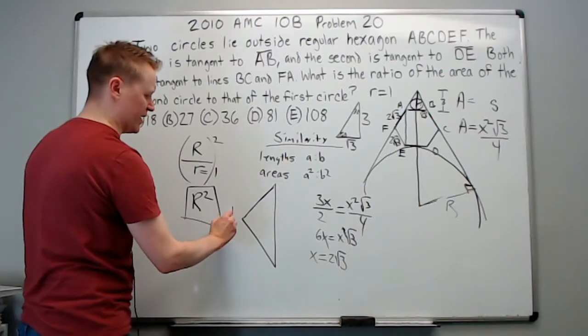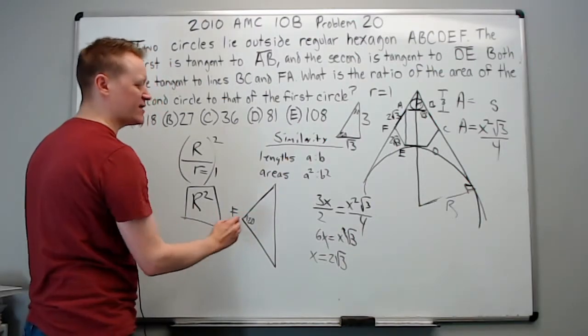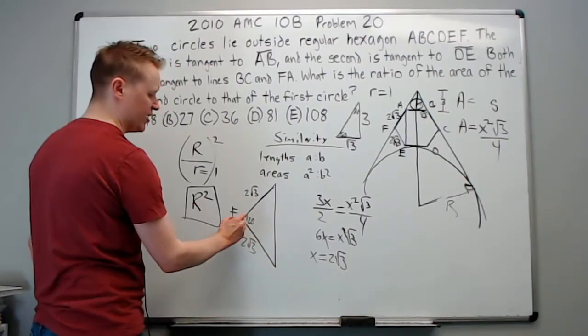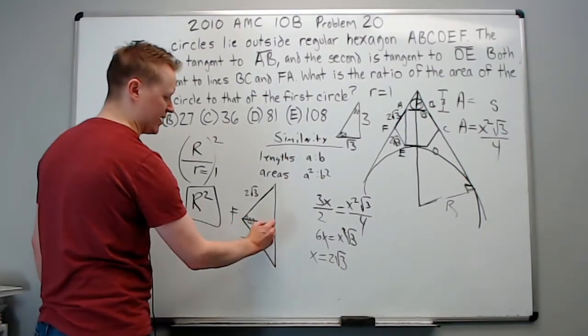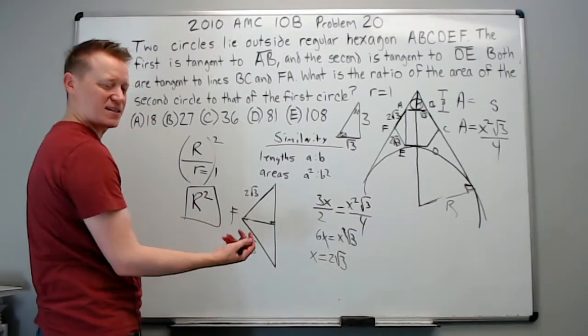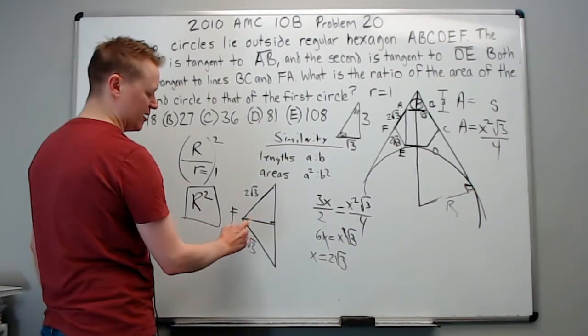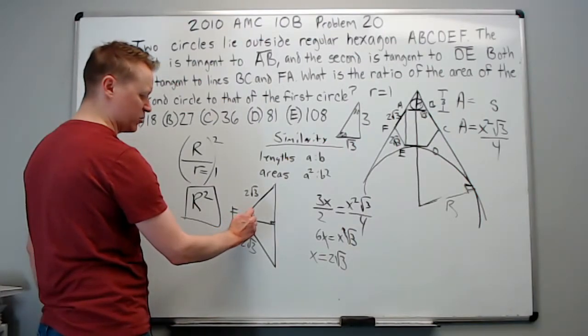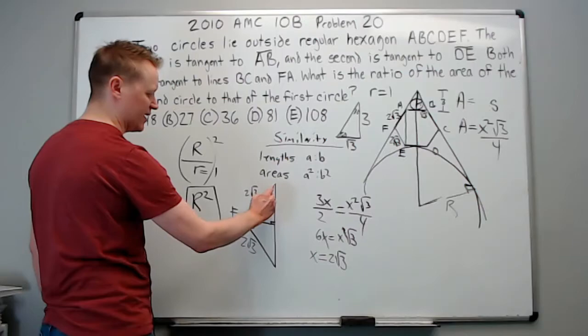If this is point F, this is 120. And this is 2 root 3 and 2 root 3. You can drop the altitude right here. It's an isosceles triangle, so it will bisect the base and it's perpendicular. In addition, because the whole angle was 120, this will be 60 and 60. And this is 30.